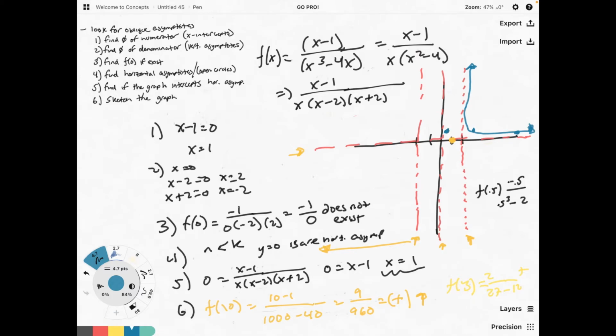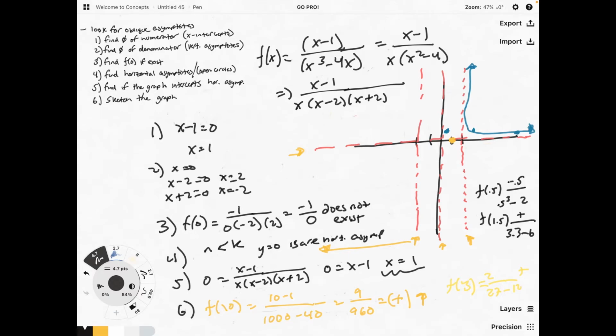And if we go f of 1.5, then we're going to get a positive number up top, and then 1.5 cubed is going to give us 3.3 something, and then we have minus 1.5 times negative 4, which is going to be 6.